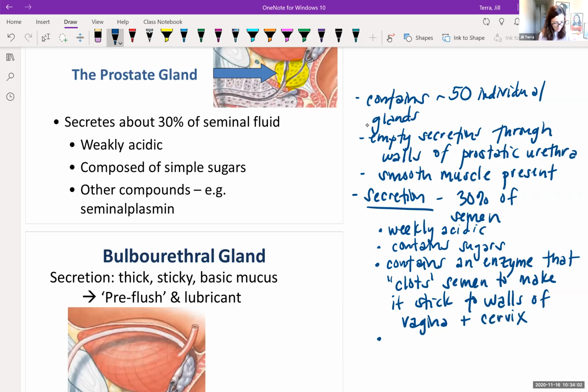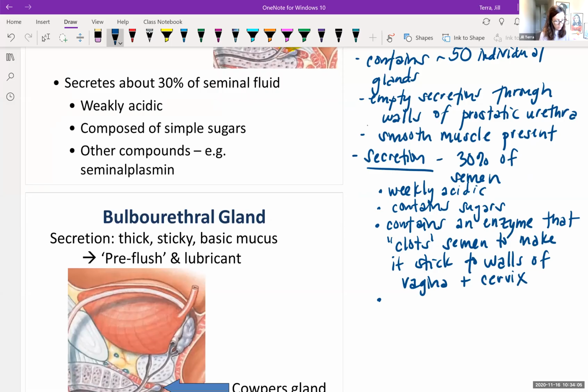Okay, and then about 30 minutes later, there's another enzyme that will liquefy the semen to free the sperm to swim.